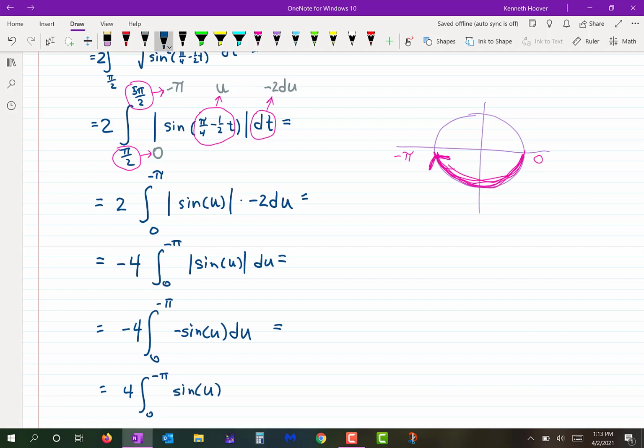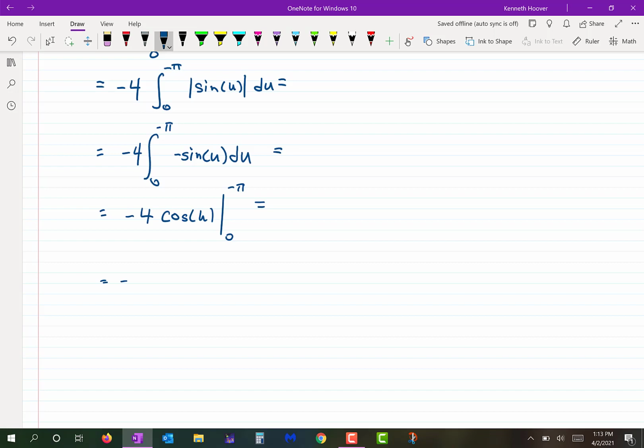What's the integral of sine? It's negative cosine, right? Oh, now that I think about that, I would rather have left that negative sign inside. So I'm going to erase this because the integral of negative sine is cosine. So we have negative 4 times cosine of u from 0 to negative pi.